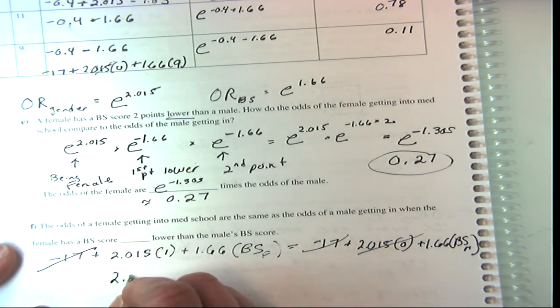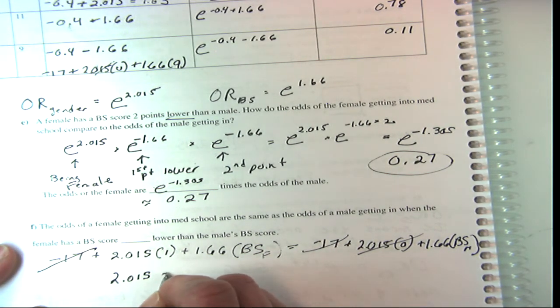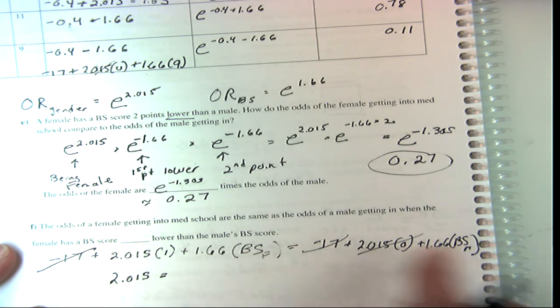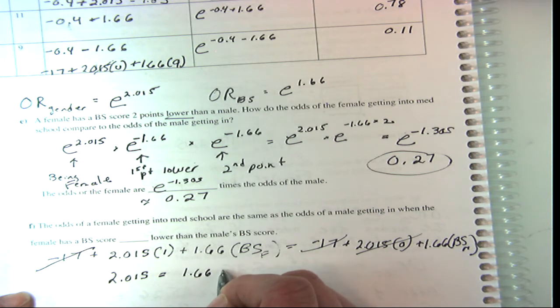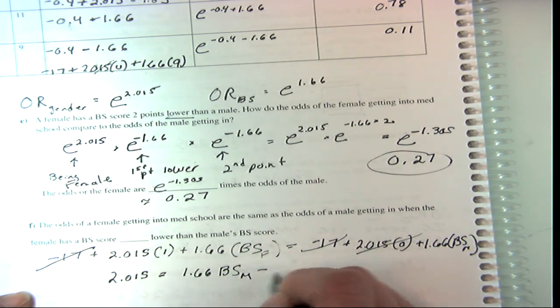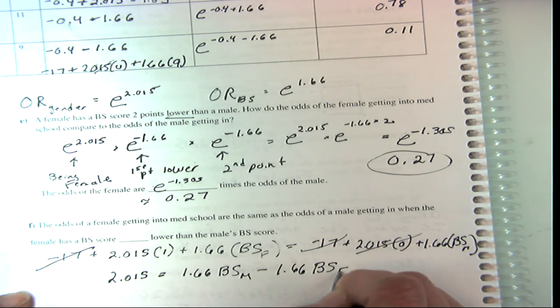So 2.015 is equal to 1.66 times the biological science score for the male, and subtract that from both sides to get minus 1.66 times the biological science score for the female.